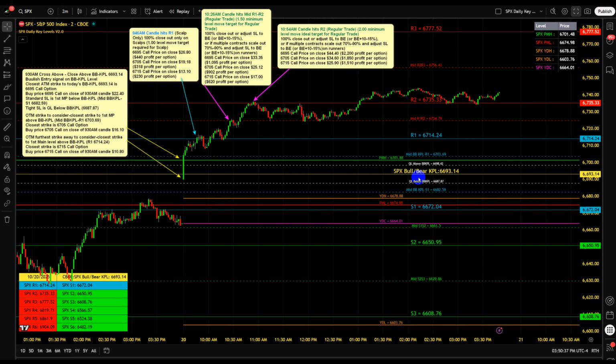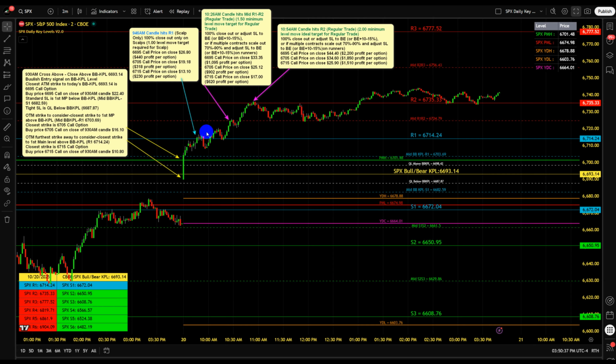Since this is a bearish trade and we're looking for price to go down, our standard stop loss is the first midpoint level above, and our tight stop loss is the first QL above. This works the same on taking trades on other levels as well, as you'll see in the other video described in the description of this video, if you want to look at taking trades off of the other levels.